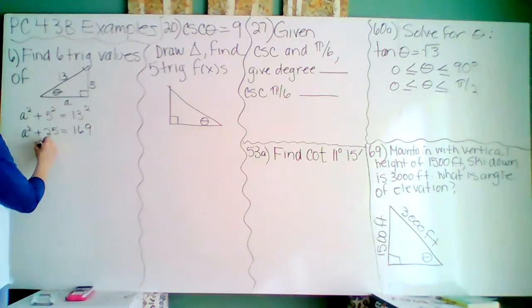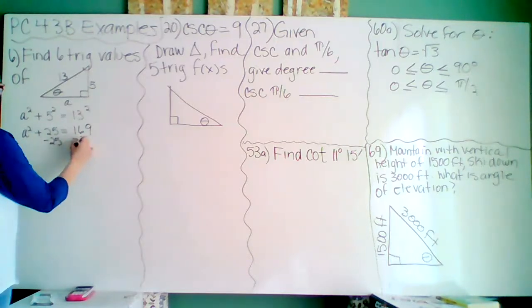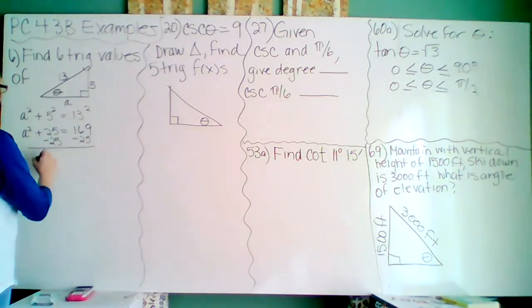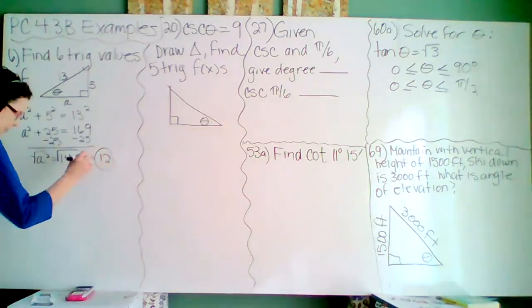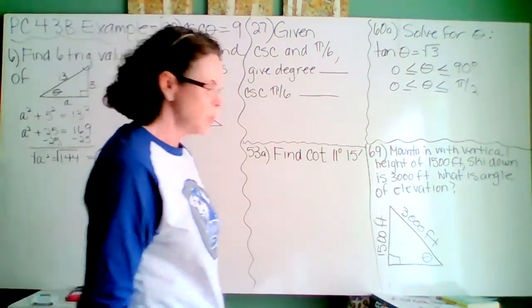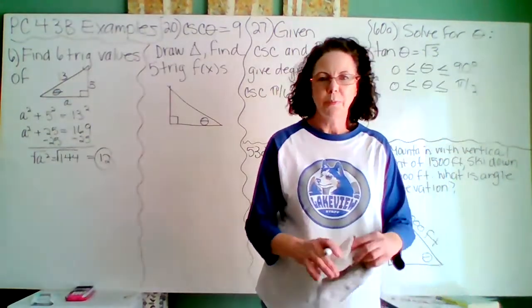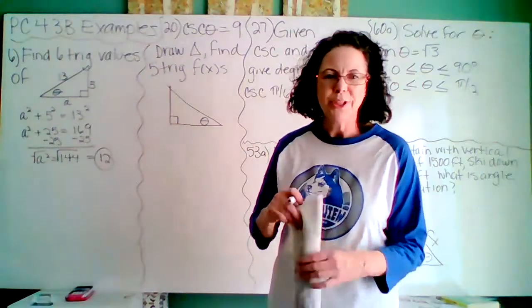I will subtract 25 from both sides, and A squared equals 144. So when we take the square root, that means A is a side of 12. That's a Pythagorean triple there, 5, 12, and 13.